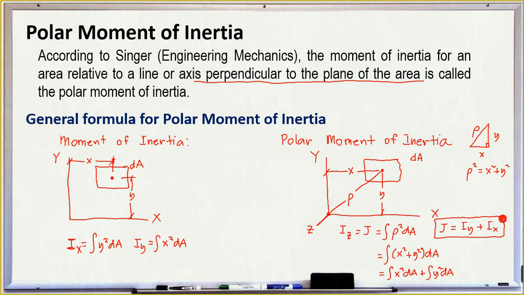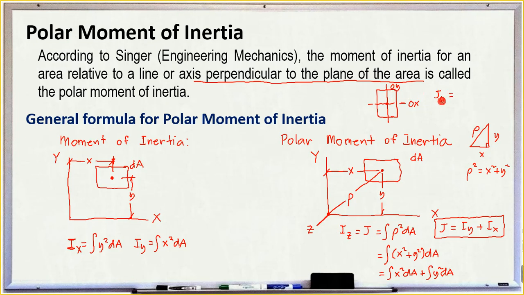Now, say for example, if we have a rectangle, then along the centroid we have moment of inertia along OX and along OY. So if you want to find the polar moment of inertia along the centroid, that is equal to JO.